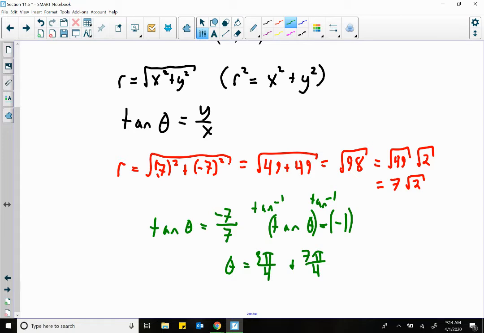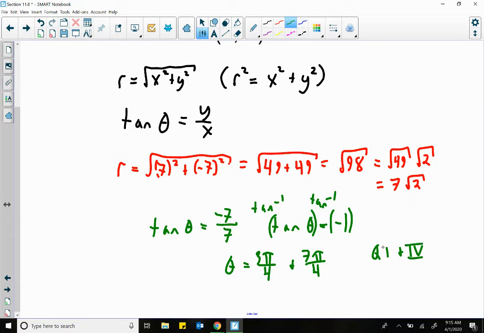Well, with tangent, if you remember back from that chart that I gave you, the region for tangent is, I've got to get into my notes and look that up real quick because I don't remember off the top of my head. There it is. Tangent is in quadrants 1 and 4.